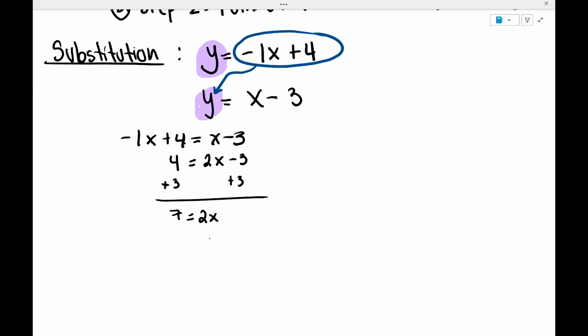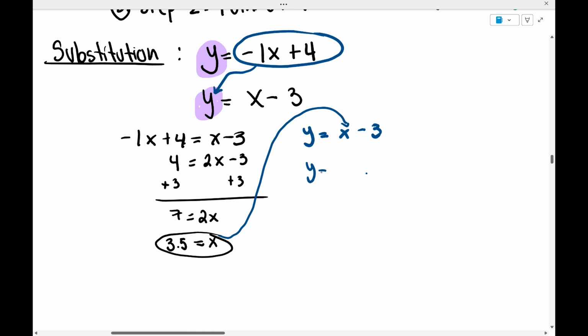And because we are going to be plugging in these values into the distance formula, instead of leaving it as 7 over 2 after dividing by 2, I'm just going to turn it into a decimal. That way it's easier to work with when it's in the distance formula. We have the value for x, so now I'm going to go ahead and find the value for y, because remember, I'm looking for the location of point B as an ordered pair.